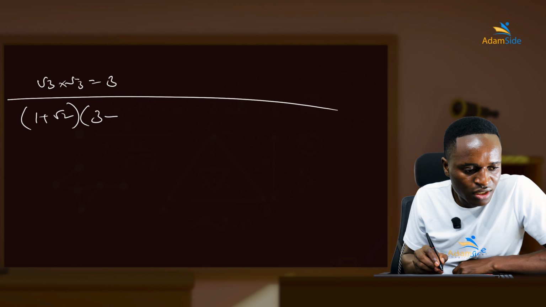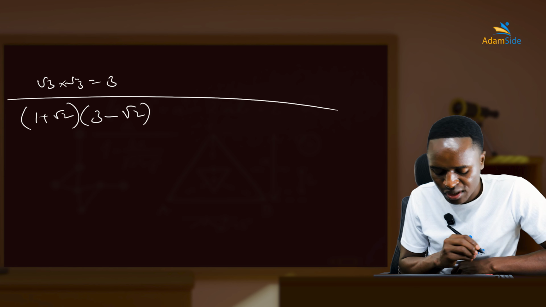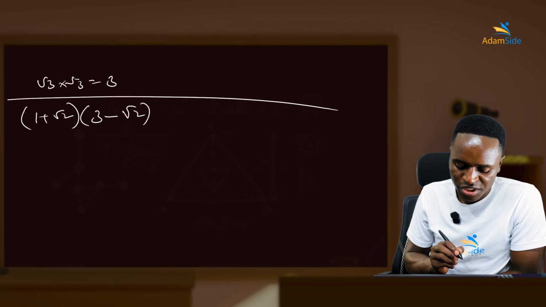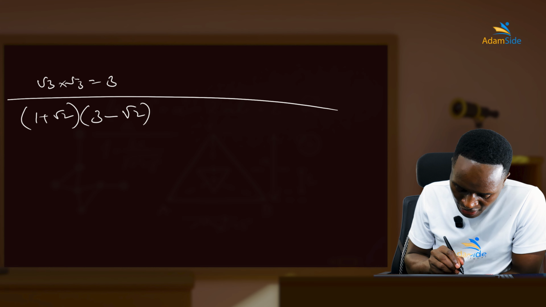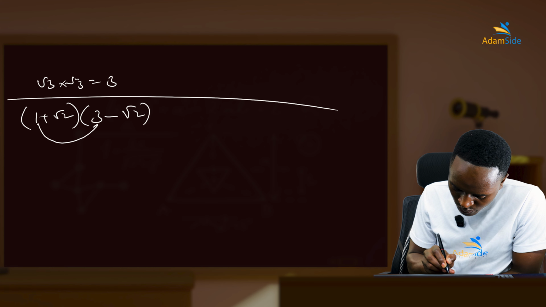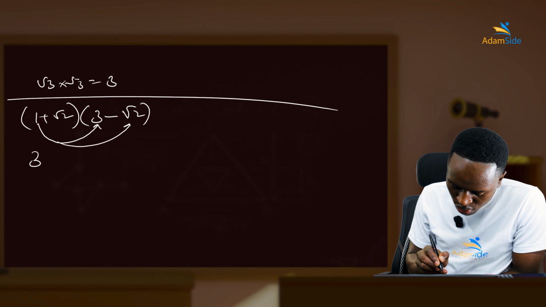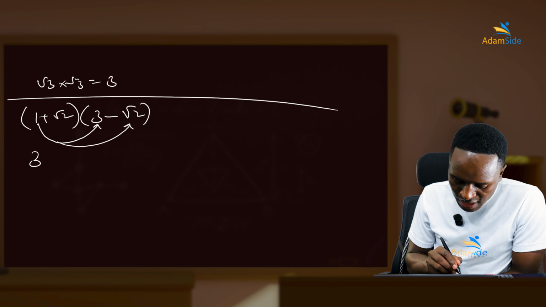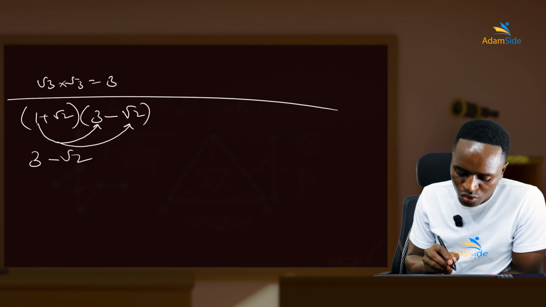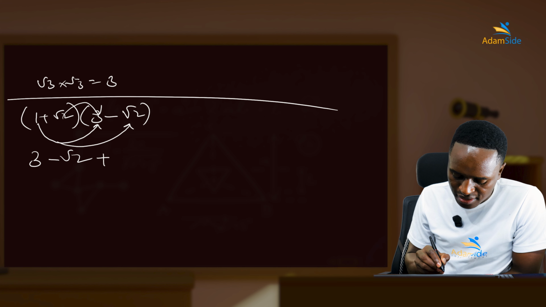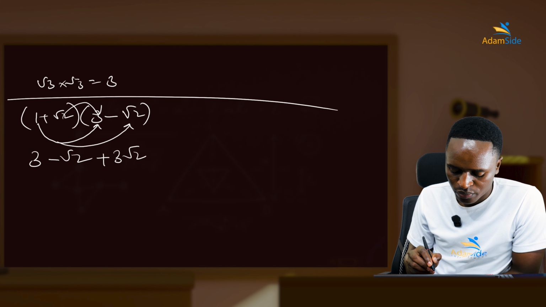This is algebra, how to expand brackets. It's simple. 1 times 3 is 3. 1 times negative root 2 is minus root 2. Then root 2 times 3 is plus 3 root 2.